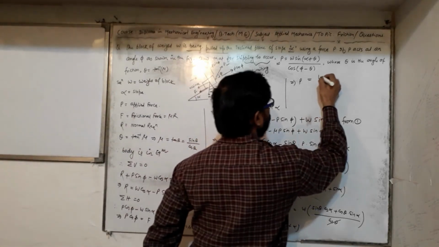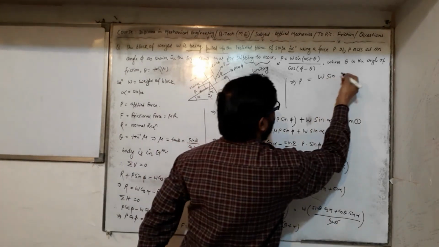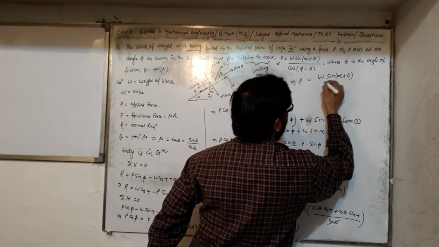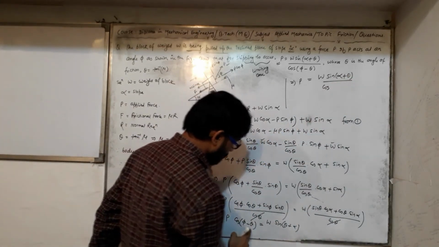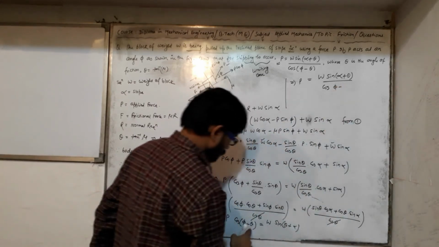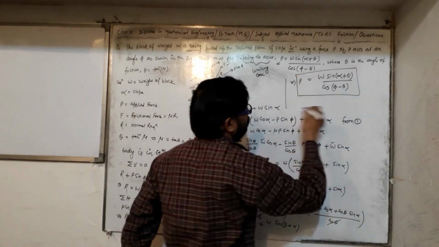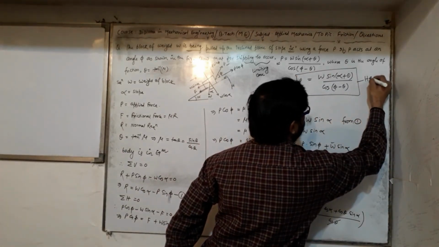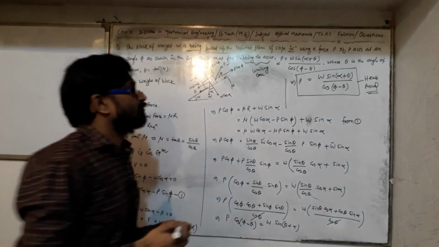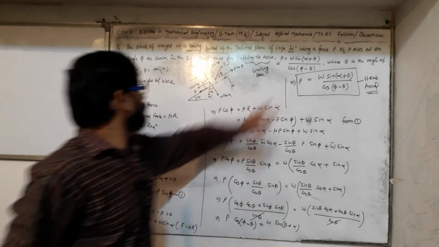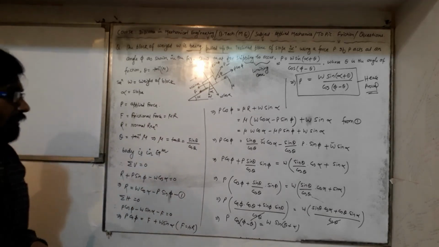So W times sin theta plus alpha, or we can say alpha plus theta, whole divided by cos of phi minus theta. Hence proved. This expression we had to evaluate, and I have got it. So I think it is very much clear.